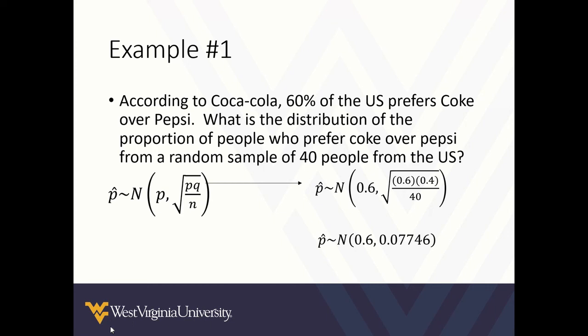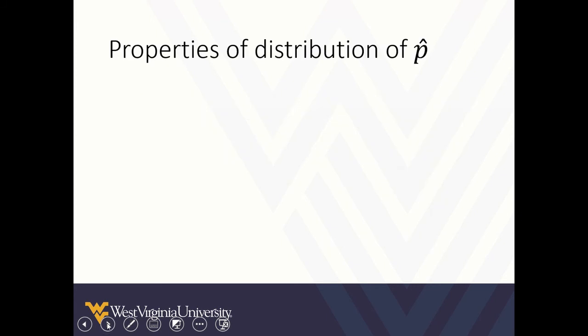Simplifying, that means p hat is going to approximately follow the normal distribution with mean of 0.6 and a standard deviation of 0.07746. So far, again, very similar to what we did when we were doing a sampling distribution for the sample mean. The means stay the same, the standard deviations change a bit.